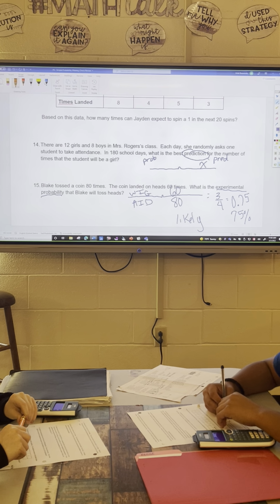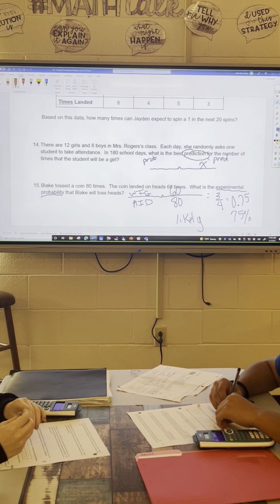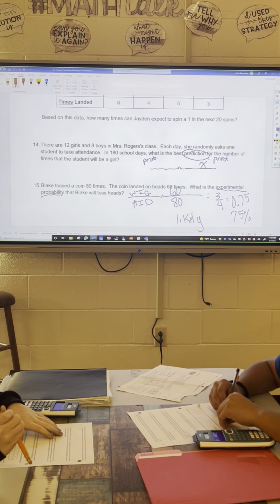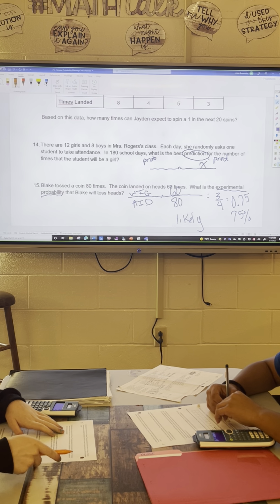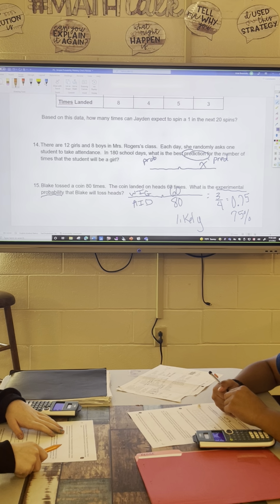Now, Miss Rogers has got these boys and girls in her class, and she's going to do this every day for 180 days. But has she done it? No. So if she hasn't done it yet, and we have not conducted an experiment, what kind of probability are we going to be dealing with? Theoretical. Say it loud. Theoretical.